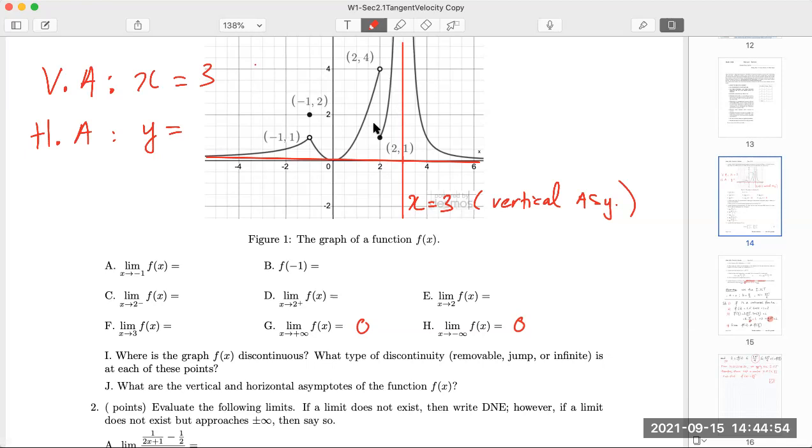This is given in the graph. So y equal to 0. Remember, a vertical asymptote is of the form x equal to something. A horizontal asymptote is of the form y equal to something. That's it for question 1.